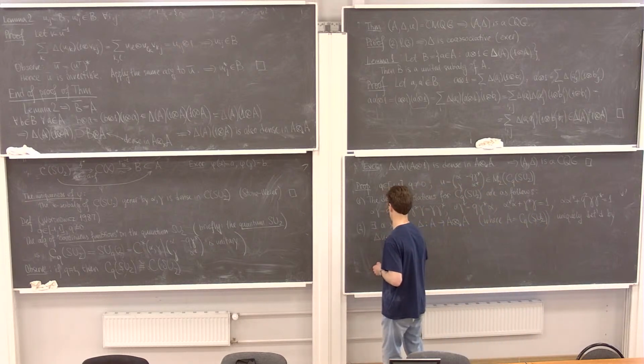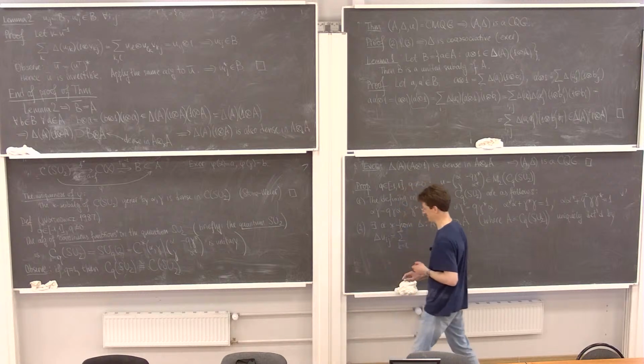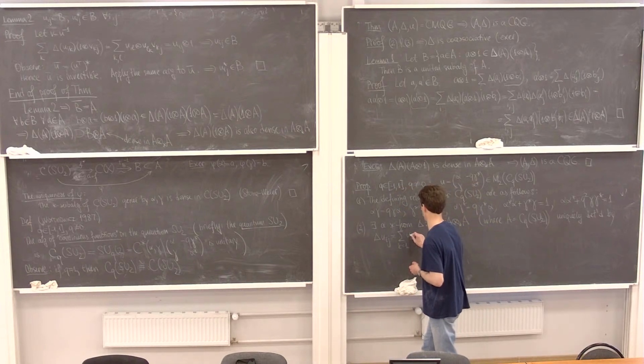Delta of U_ij equals the sum over k, and this sum has only two summands, from 1 to 2, of U_ik tensor U_kj.